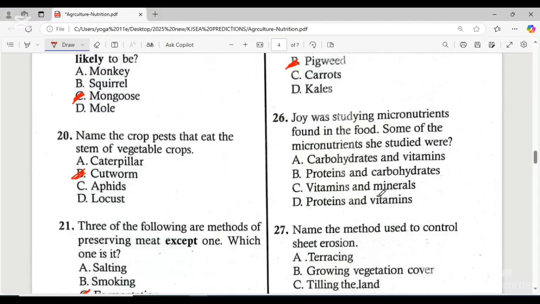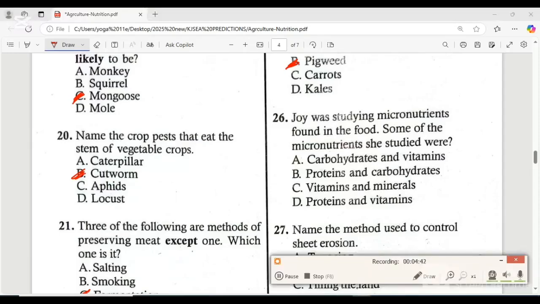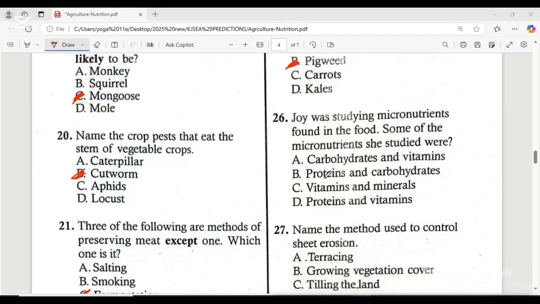Joey was studying micronutrients found in the food. Some of the micronutrients she studied were carbohydrates and vitamins, proteins and vitamins.